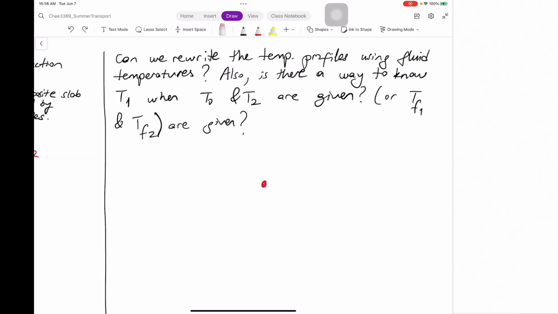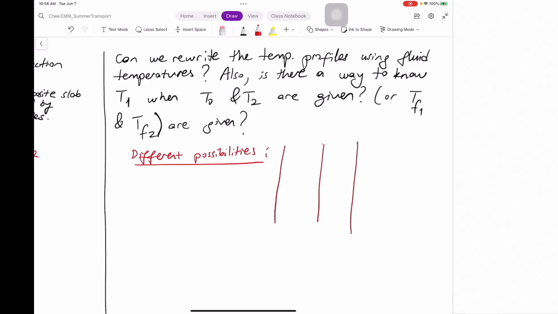The question. So let's write it down. Different possibilities are as follows for the temperature profile.